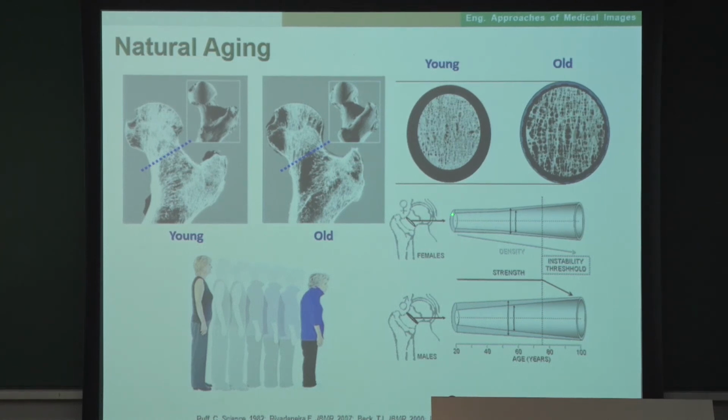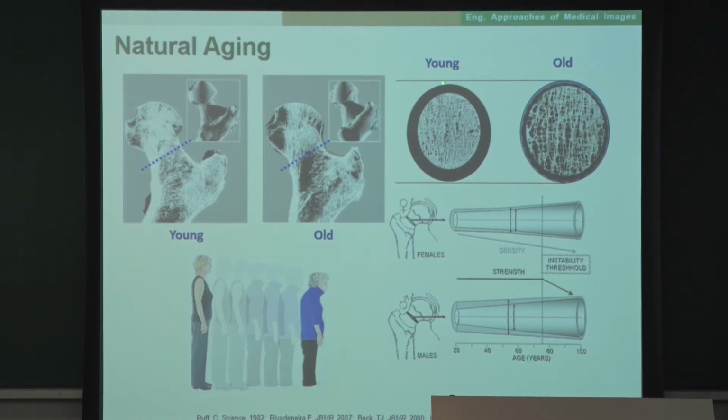If you look at the cross-section of your femoral neck, this is how it looks. As we are getting older, the cross-section diameter of this femoral neck is increasing. At the same time, the thickness of the cortical bone is decreasing.